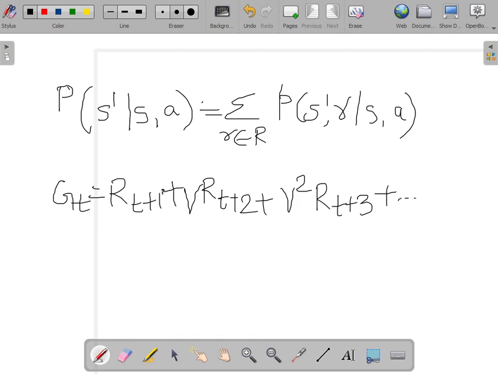It will be incremented, and finally if it goes till the nth term, it is gamma to the power n minus 1 times r of t plus n. This is the generative equation at time t.